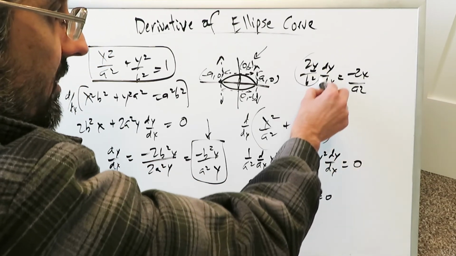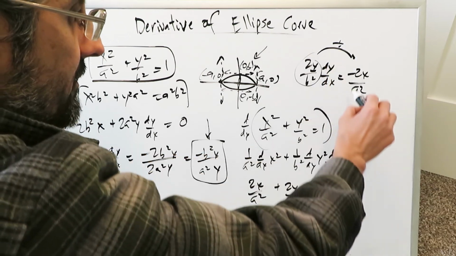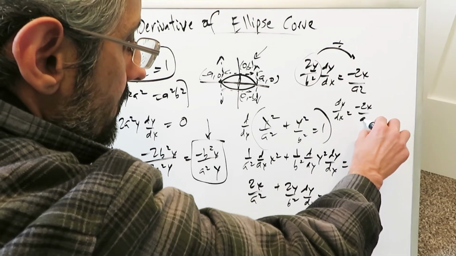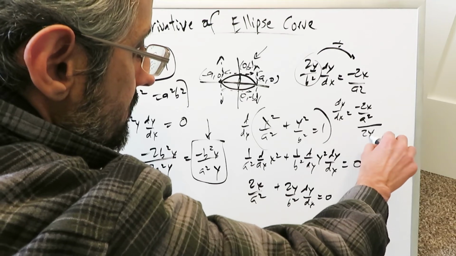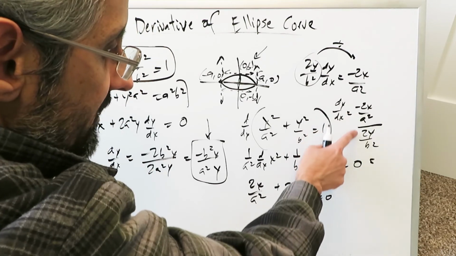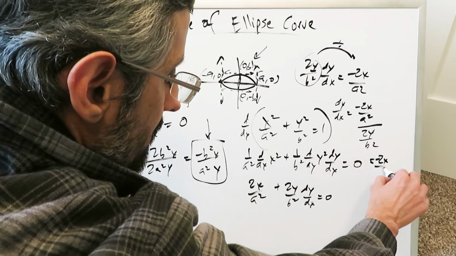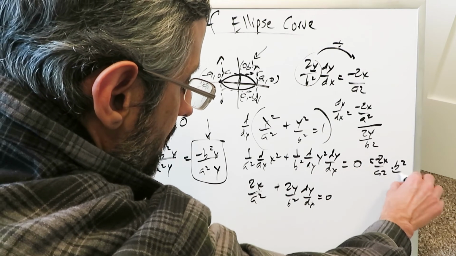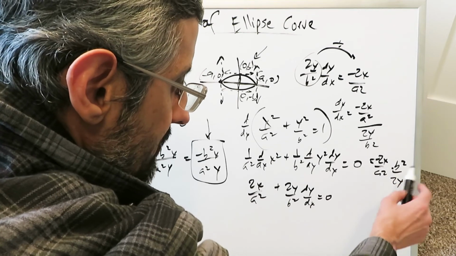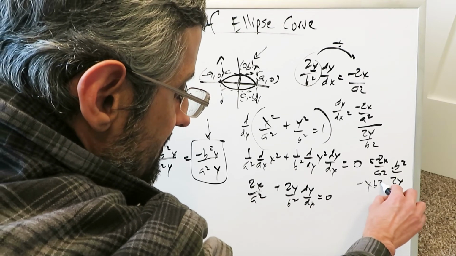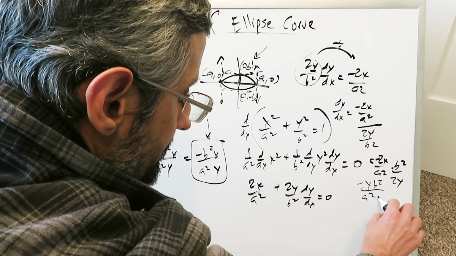You would have to take this part right here to the other side and divide. dy over dx is equal to minus 2x over a squared divided by 2y over b squared. And then do this fraction algebra: you flip the denominator and you get minus 2x over a squared times b squared over 2y. You can simplify all of that and look what you get: minus x b squared over a squared y.